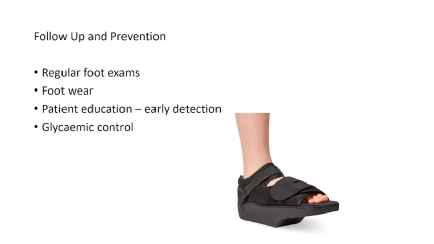And in that, proper antibiotics and proper glycemic control is achieved. So that is the whole management. And then the next step is the follow up and prevent further infection, further tissue damage. That requires regular foot exams and proper footwear, as I explained.